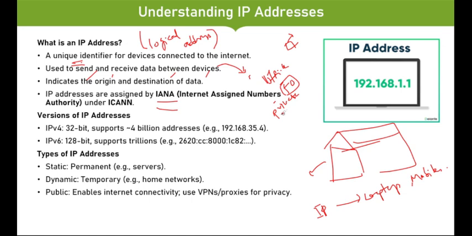Private IP means it can only be accessed within a room, you can say. It will not be available to the internet. Let's say you are in the office: your system, your colleague's system, everyone will have a separate IP address.